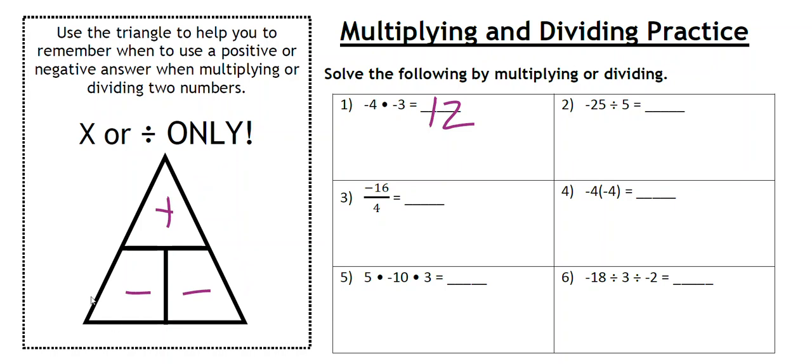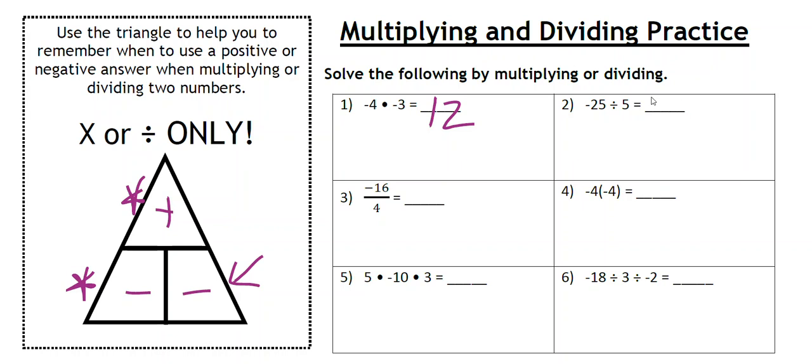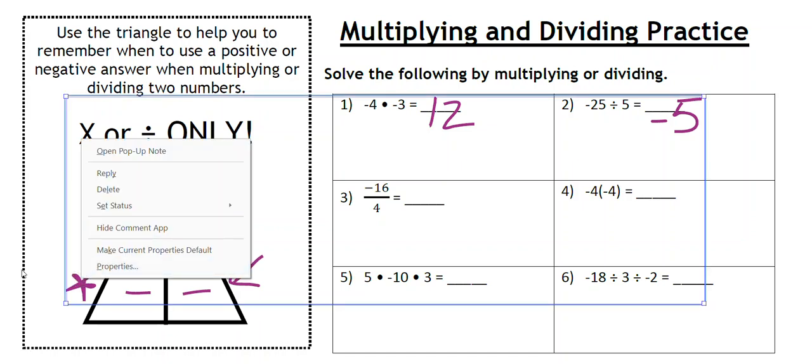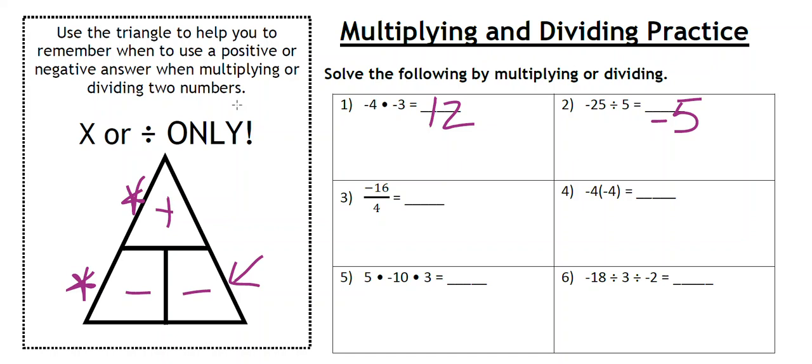If I have a negative 25 divided by a positive 5, my solution is going to be left to be negative. That's the only thing that's left uncovered. So my solution is negative, and then 25 divided by 5 is going to be 5. If I look at the next one, I have a negative 16 divided by a positive 4.